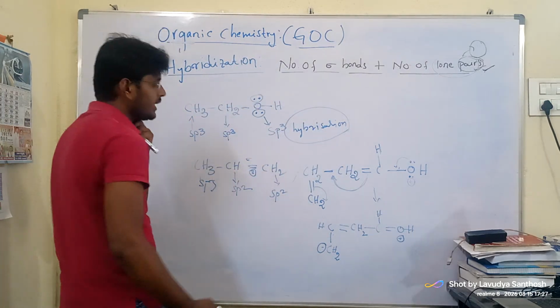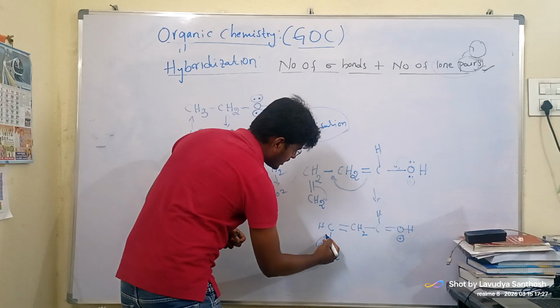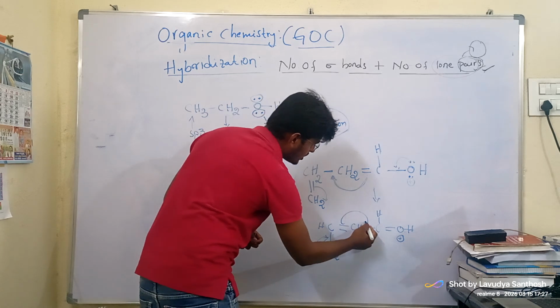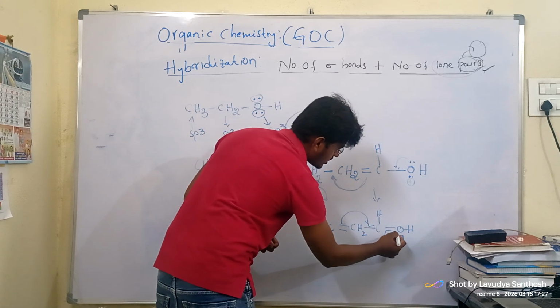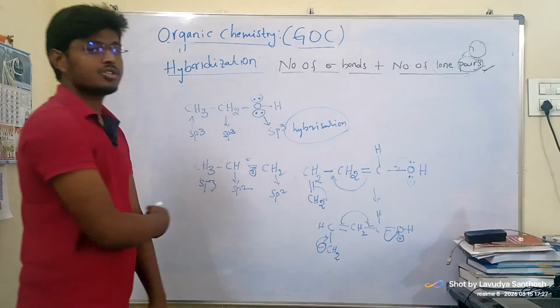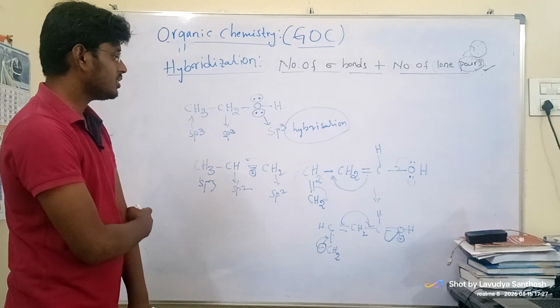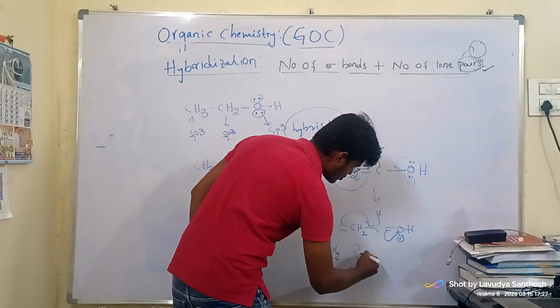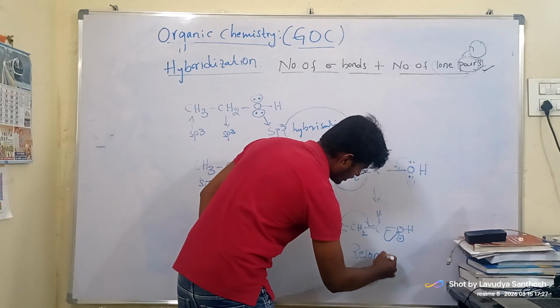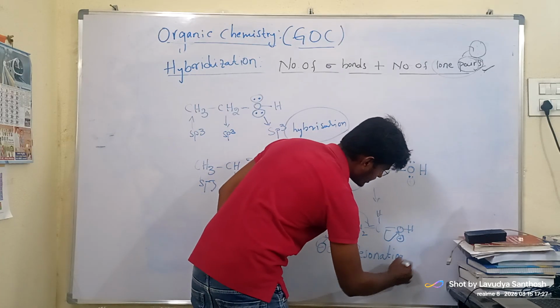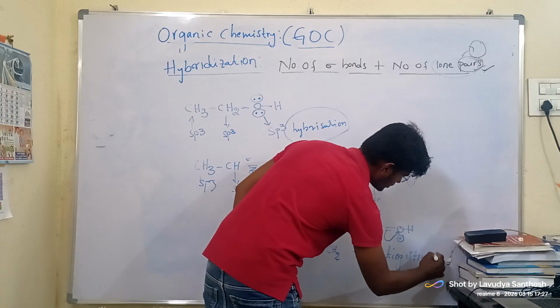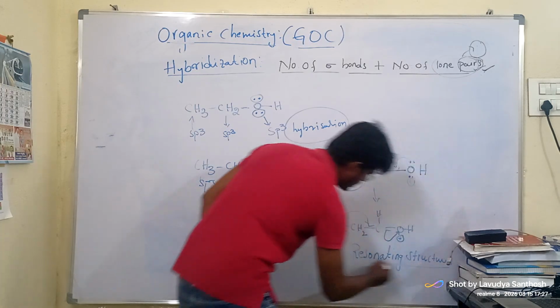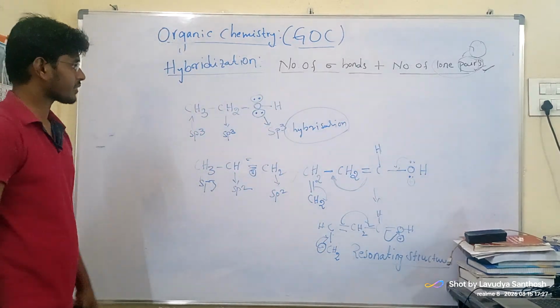Now you see again, this negative charge is moving to this side, and again this is here, this is neutralizing. So this is what the hybrid of the resonance is. These are resonating structures.